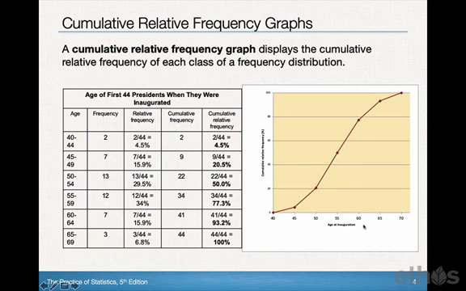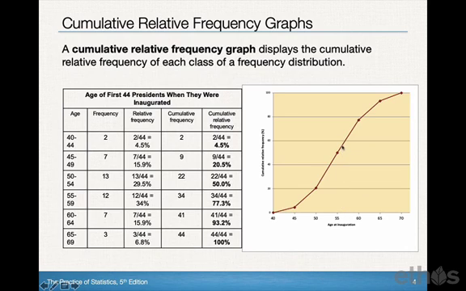You have to go down to 60 and go up and read the value, so you need to draw a very straight line straight up. Fortunately, this is exactly one of our dots on the graph. But if they said age 57, you'd go to 57 on the x-axis and draw a vertical line straight up, okay? Try not to get it slanted to one side or the other, because that will give you a wrong answer.